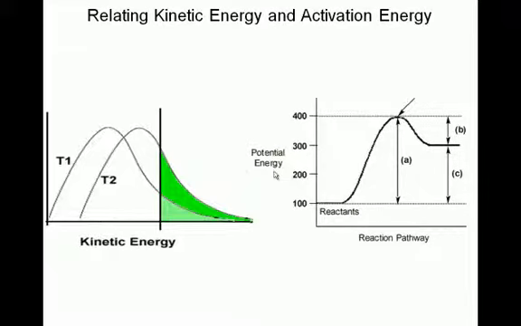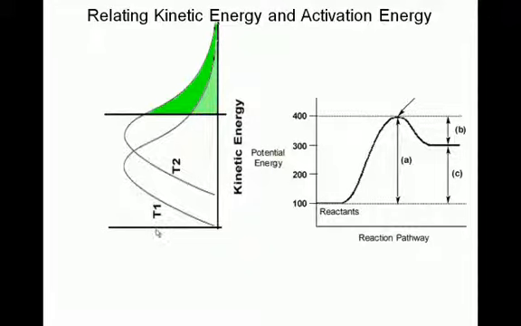If we turn our distribution graph on its side, so it's the exact same graph, we just rotated it 90 degrees, we can see that this is what we call our minimum energy, the minimum energy for a reaction to happen.